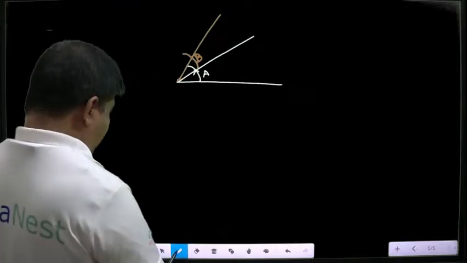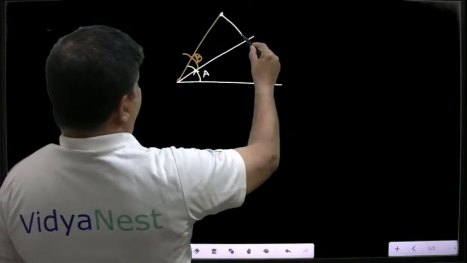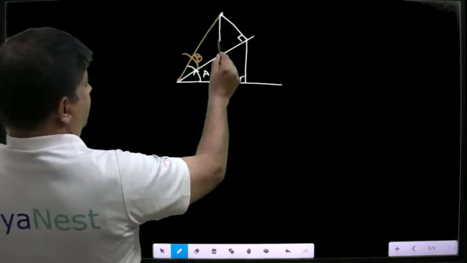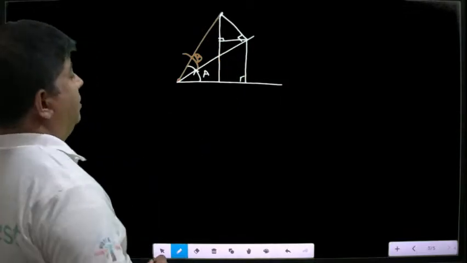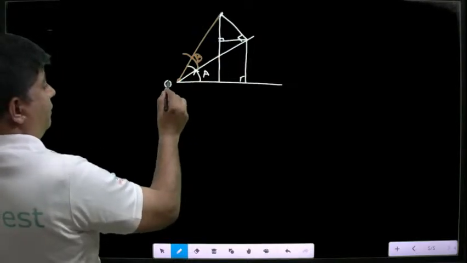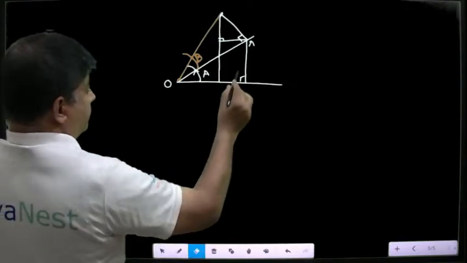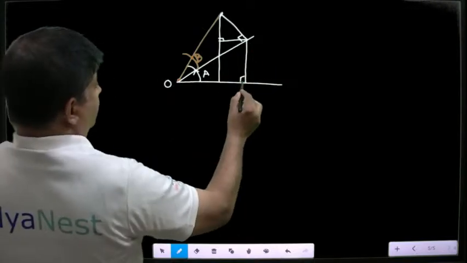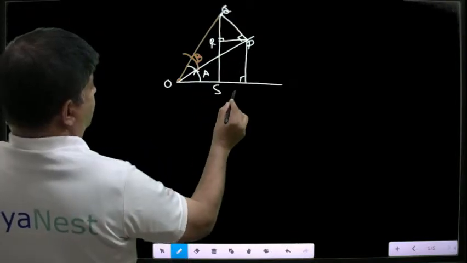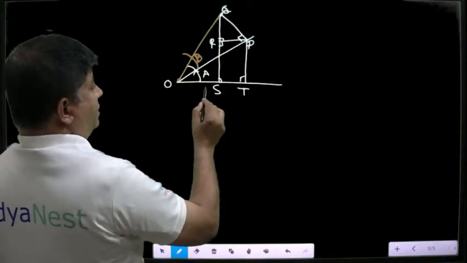Out of that demand, from this point I drop a perpendicular, and from this point another perpendicular, and you label each point of intersection: A, this is P, Q, R, S, T.